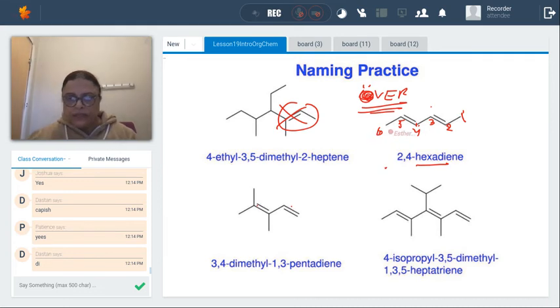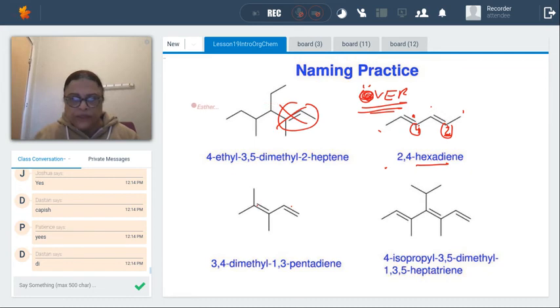If I start counting like this, 1, 2, 3, 4, you see that this double bond starts at position 2, and this double bond starts at position 4.